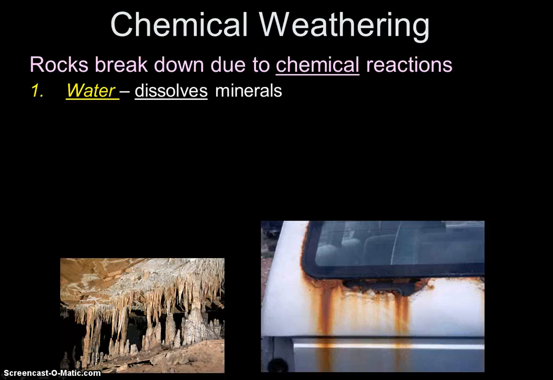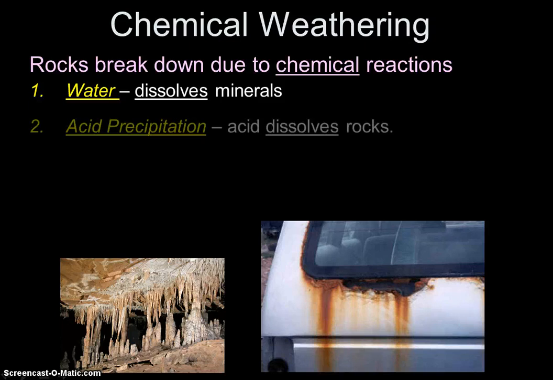And we talked about it when that water solution, mineral solution, helps to form sedimentary rocks. If you look at the picture down below on the left, you can see how water dissolves the minerals in the Earth's rock layers, creating a cave.